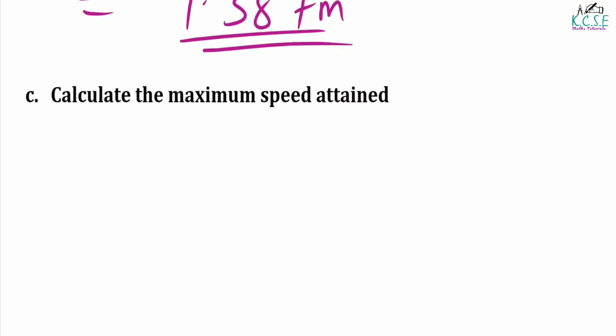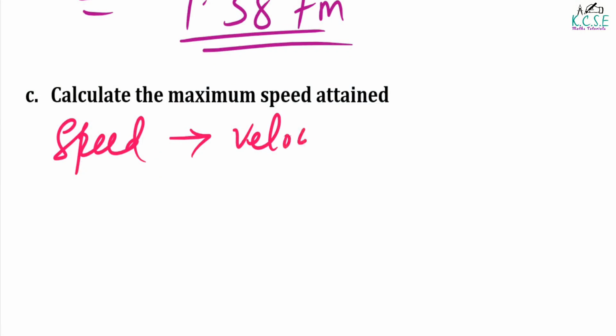Let's go to the last part of the question. The last part of the question is about calculating the maximum speed attained. So to get the maximum speed attained, the first thing we're required to note is that in this case, the speed is the velocity.